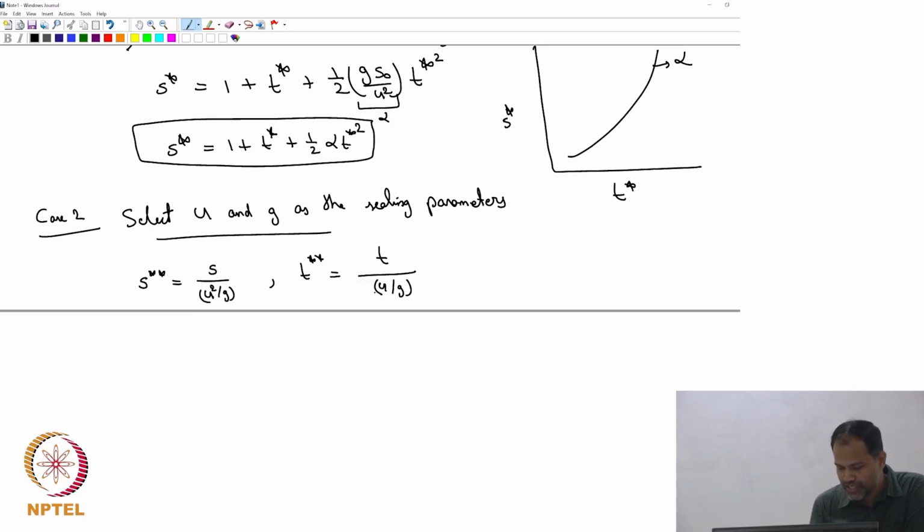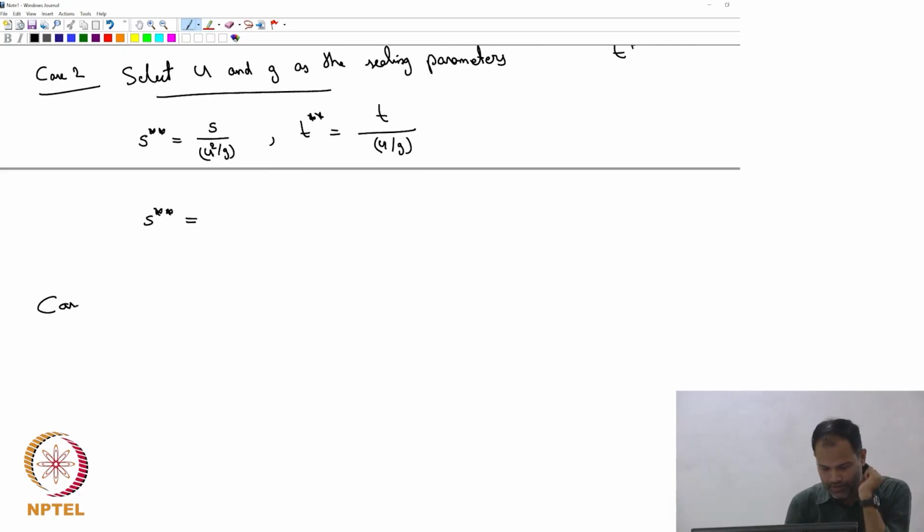Okay, now can you non-dimensionalize and tell me what is the relation S double star you are getting as? S double star equal to G by U square. There should be something more. S0 was originally there, no? It's there, plus, correct.